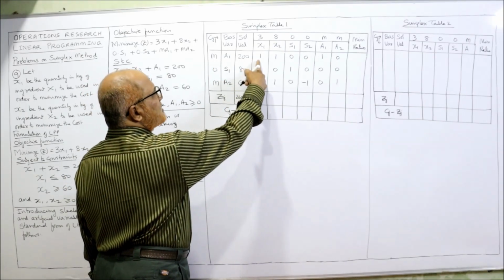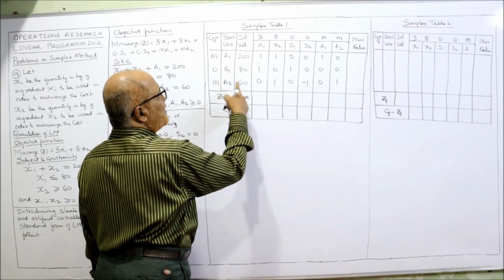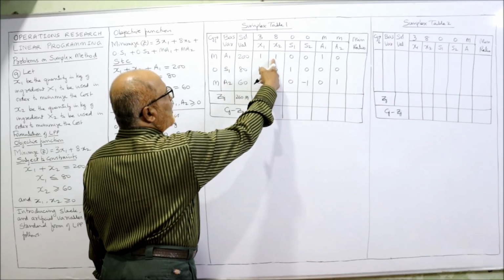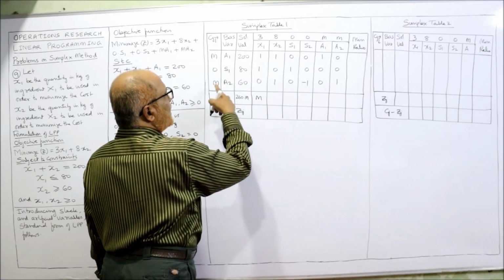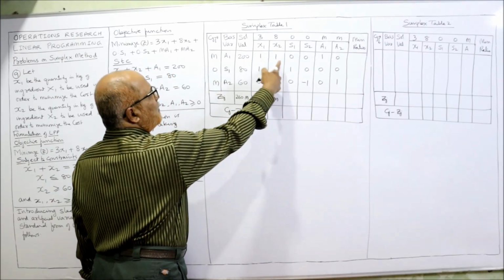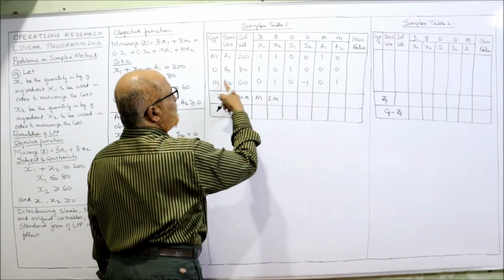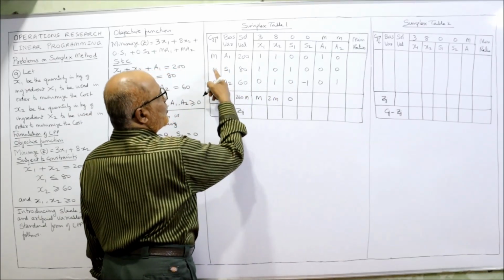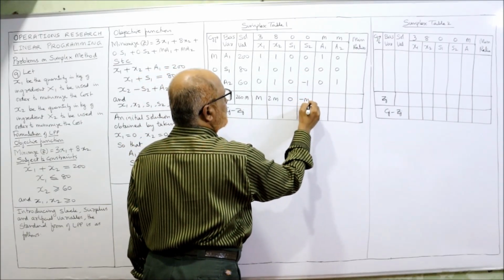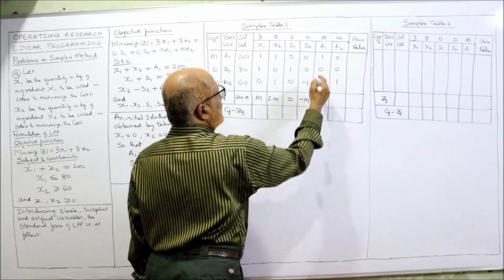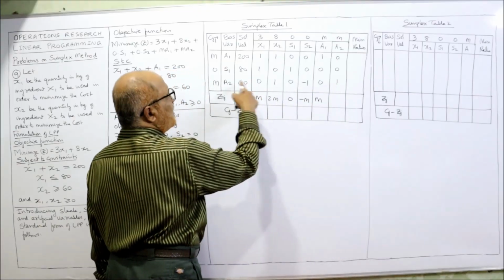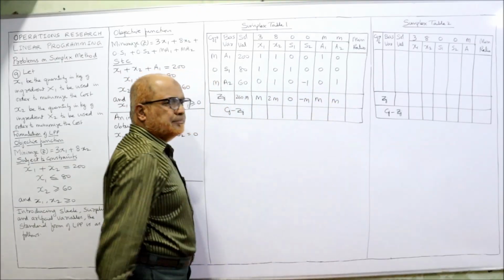Here M into 1 is M, 0 into 1 is 0, M into 0 is 0, so only M. Next, M into 1 is 1M, 0, then M into 1 is 1M, so 1M plus 1M is 2M. Then M into 0 is 0, 0 into 1 is 0, M into 0 is 0. Here M into minus 1 is minus M. Here M into 1 is M, then 0, 0, and the last one M into 1 is M.